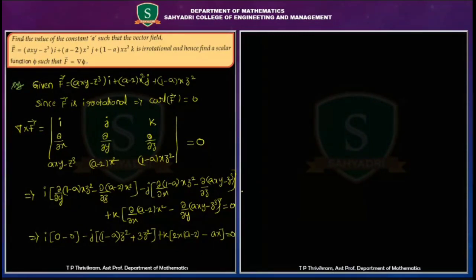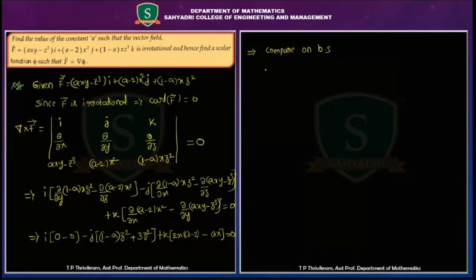Okay, so compare on both sides. The right hand side is all zeros, and on the left hand side there are I, J, K quotients. The I quotient is 0 by default.